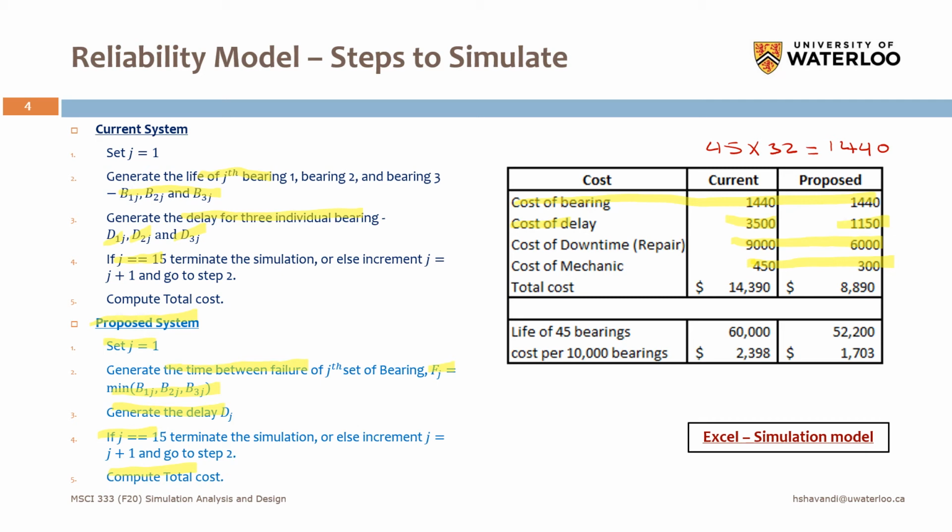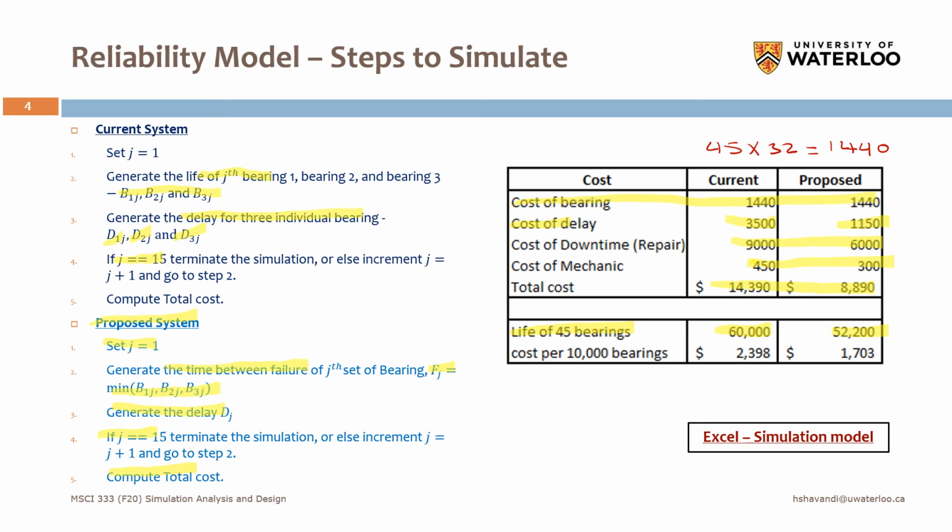And as you see here, we have the total cost, and since we're going to consider the total life, so for the total life for the 45 bearings, in the current it will be, let's say, 60,000, but in proposed it will be less, for example 52,200.